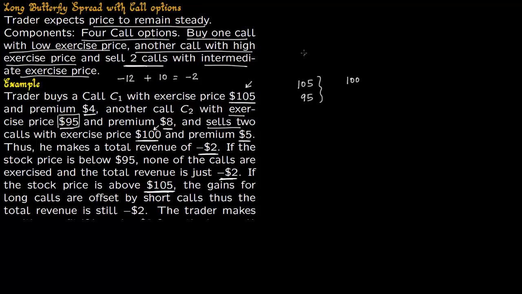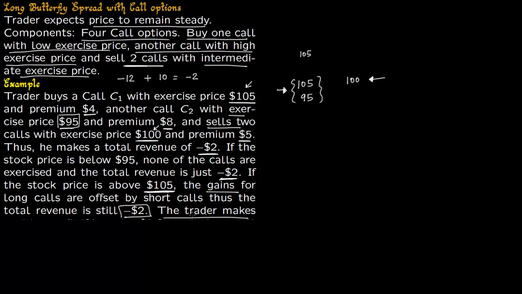If the stock price is above 105, the trader will gain because of these two calls, but he will also lose because he is short two calls at the strike price of 100. So the gains and losses are offset. The revenue is still minus $2. So below 95 and above 105, the revenue is minus $2.